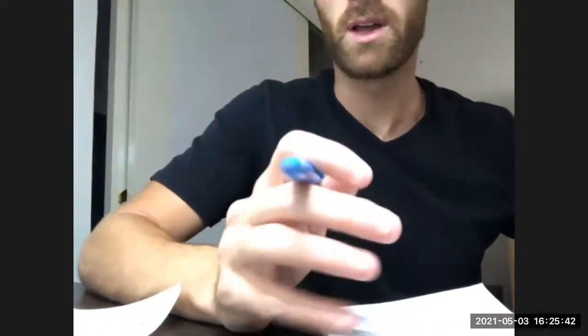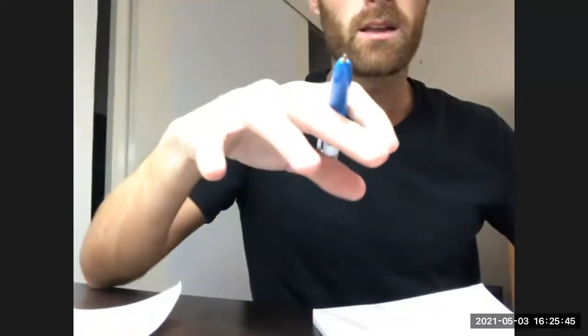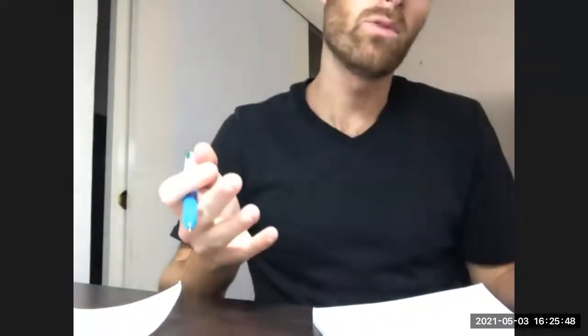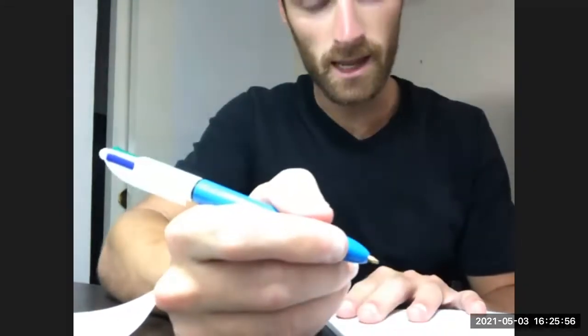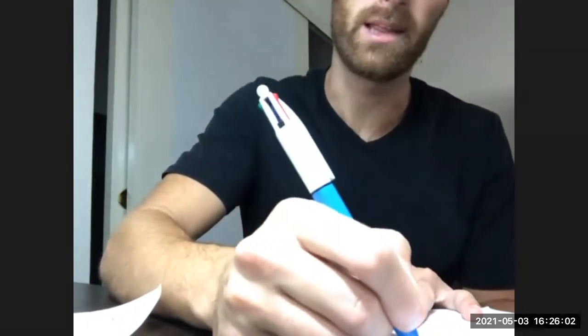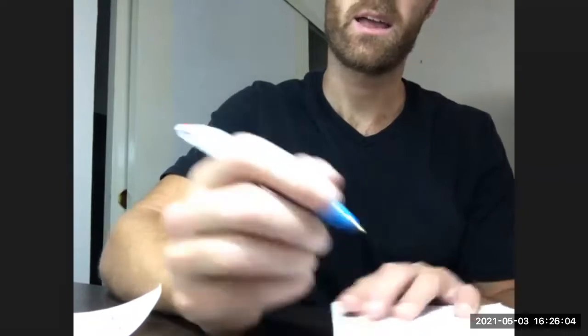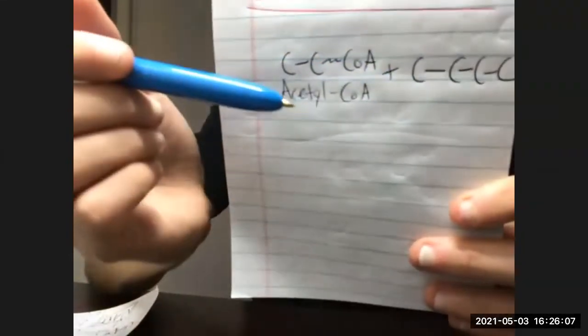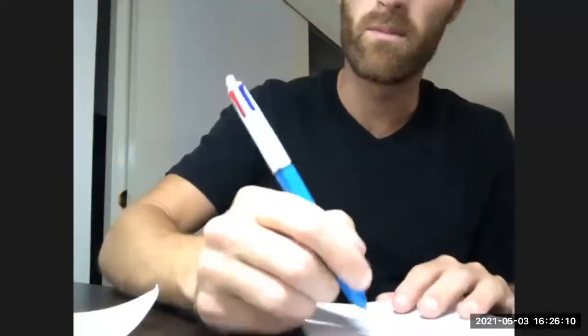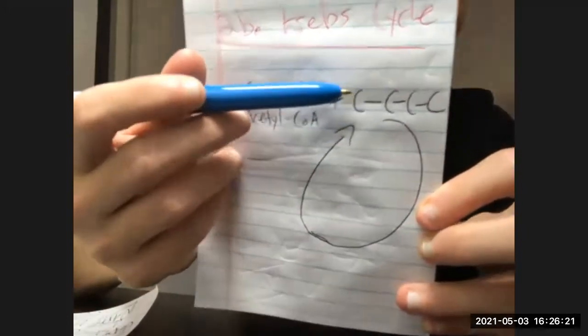And it does so by joining, linking up, attaching to the first molecule of the Krebs cycle, the starting molecule, which has 4 carbons. Okay, so it enters this cycle. Remember, it's a cycle that actually is going to end up regenerating this starting molecule.